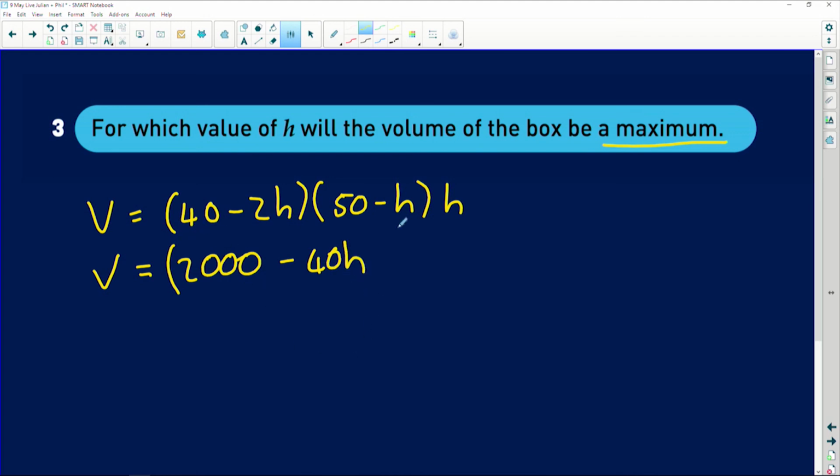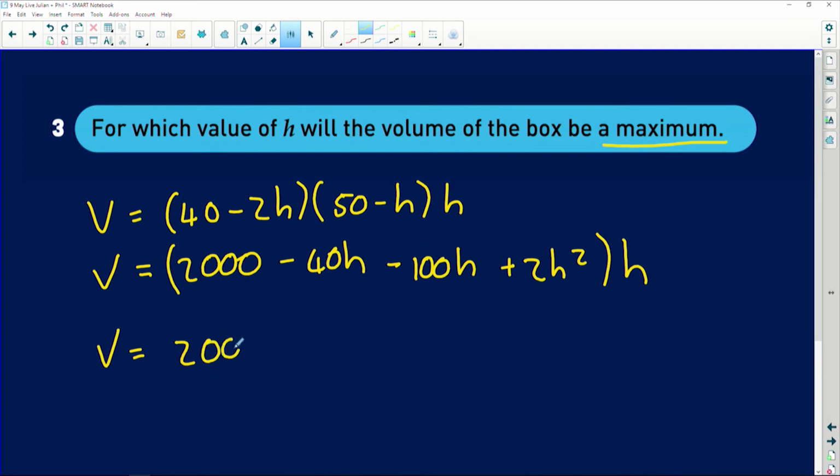And then we're going to have minus 2 times 50, that gets me minus 100h. And then we have minus 2h multiplied by another negative h, which gives me positive 2h squared. All of this is then going to be multiplied by h. Let's do that step one more time, where we distribute my h in.